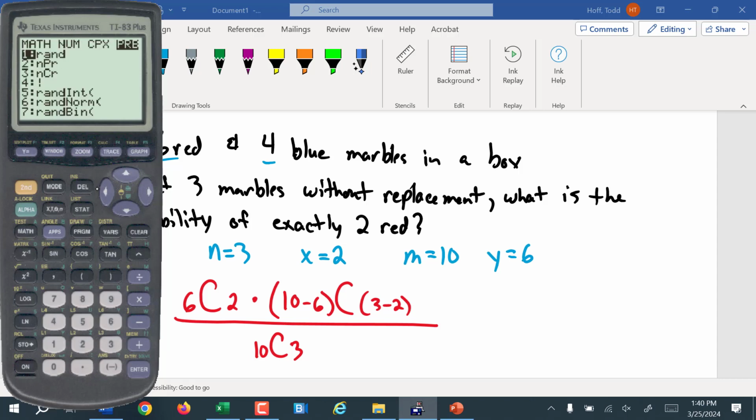Math, NCR, 3 minus 2 is 1. Divided by 10, math, NCR, 3. Gives us a 0.5. So it's actually a 0.5 probability that we end up getting 2 of the 3 marbles being red.